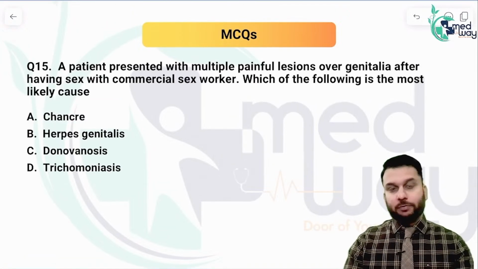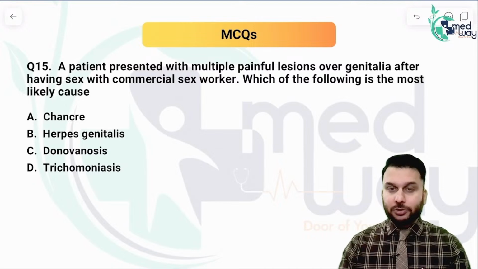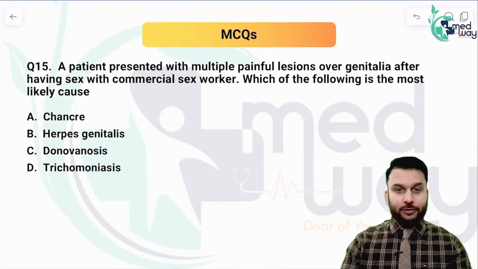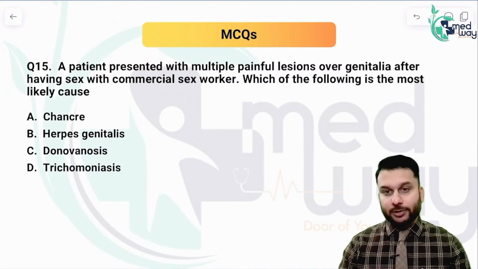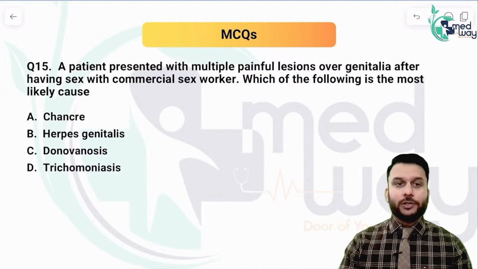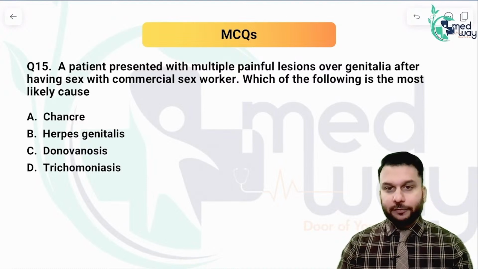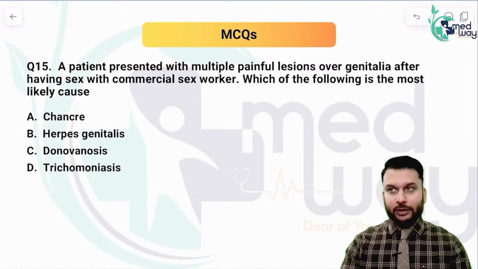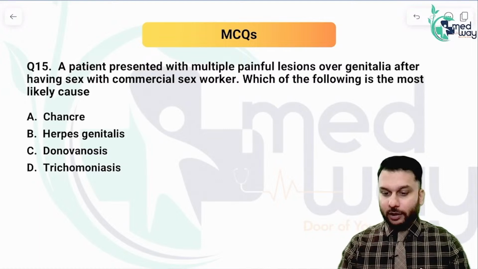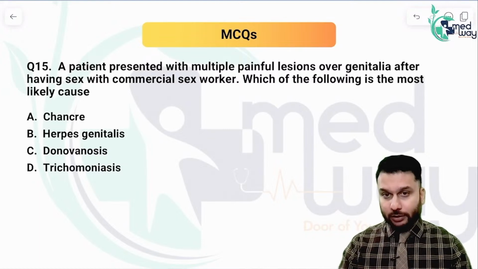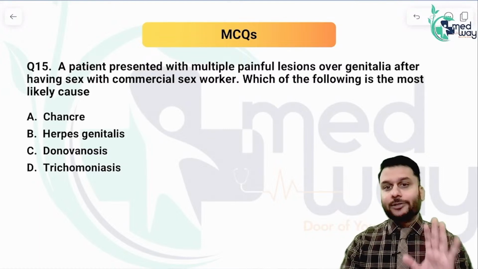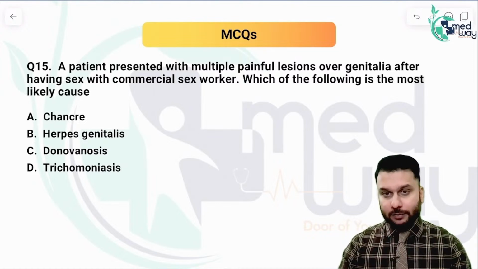Next question, a patient presented with multiple painful lesions over genitalia after having sex with a commercial sex worker. Which of the following is the most likely cause? All right. So, dear friends, each word here will be important for diagnosing this. I've always told you there has to be one MCQ on the STDs, right?